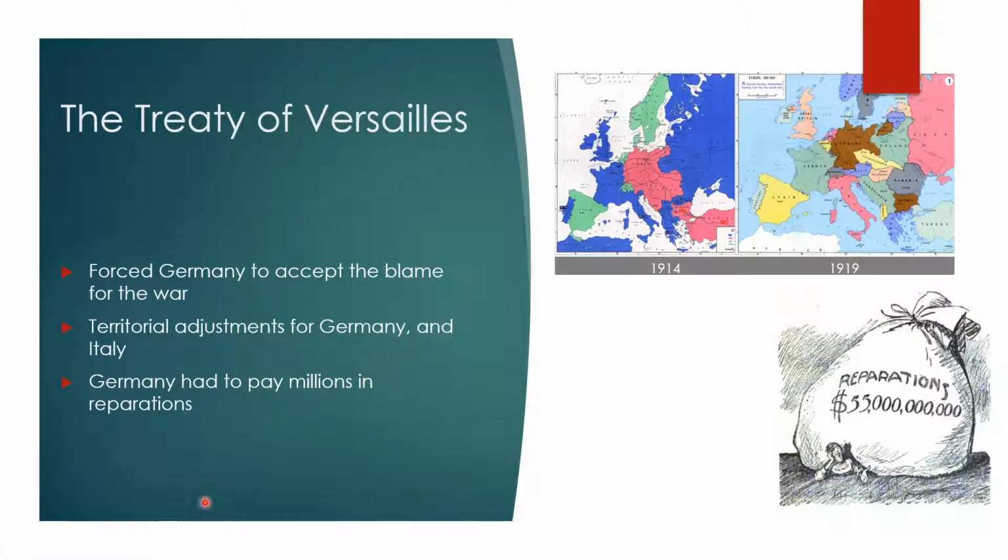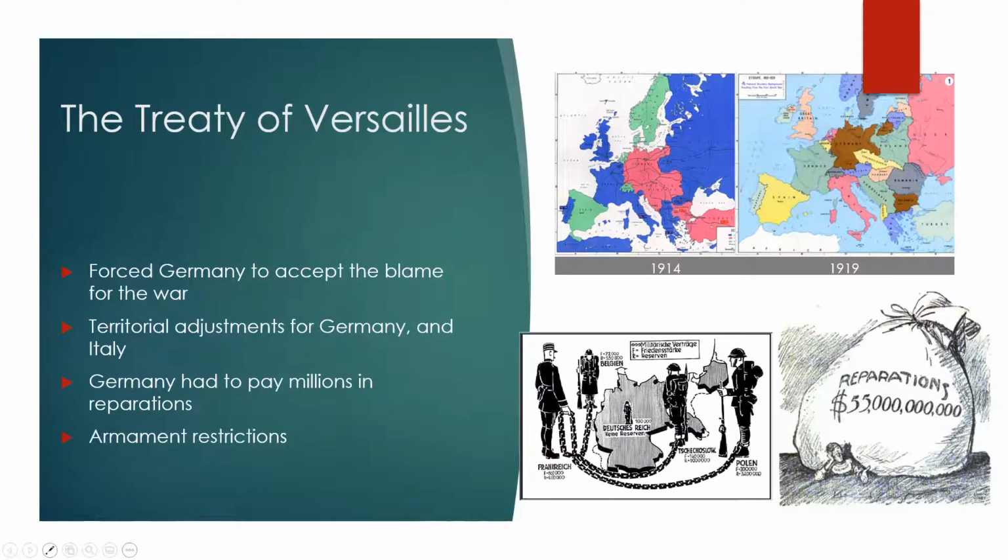And this caused them to print money excessively, and their currency was hyperinflated because they ended up printing so much money to help pay for the reparations they owed to the Allies. And lastly, the Treaty of Versailles severely limited Germany's ability to defend itself.